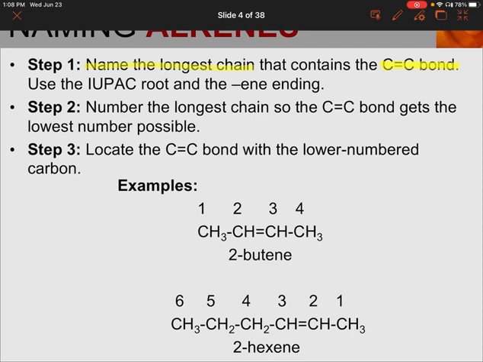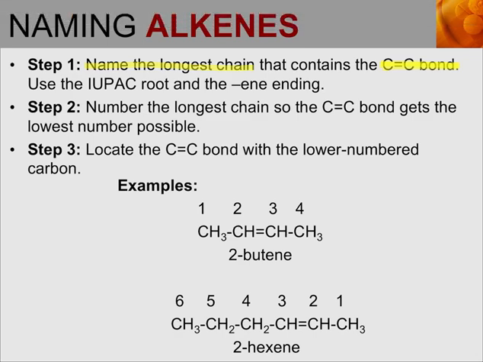So sometimes you might find that your carbon-carbon double bond is maybe not part of the longest possible chain. So you just want to be careful with that. Now, remember when we were naming alkanes, we ended everything with ANE. So we had methane, ethane, propane, butane, etc. But for alkenes, we're going to use ENE as our ending.